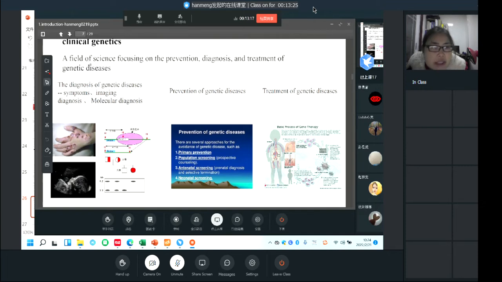Clinical genetics is a field of science focusing on the prevention, diagnosis, and treatment of genetic disease. So after learning medical genetics, you must want to learn the knowledge of the prevention, diagnosis, and treatment of genetic disease. In our future class, you will learn the main knowledge of genetic disease.